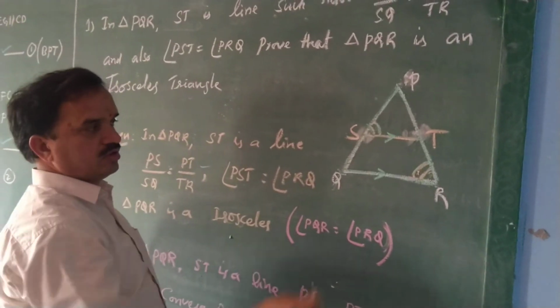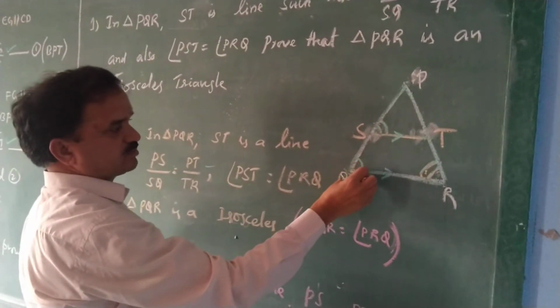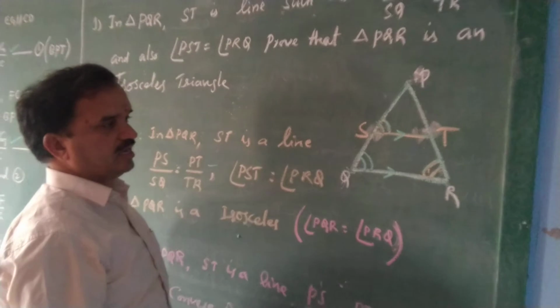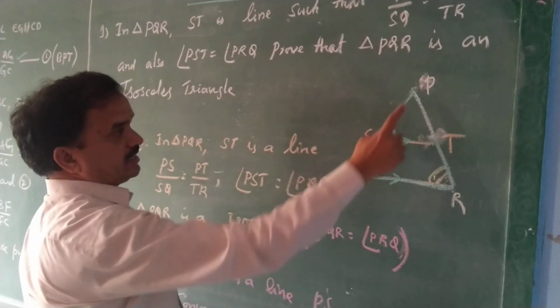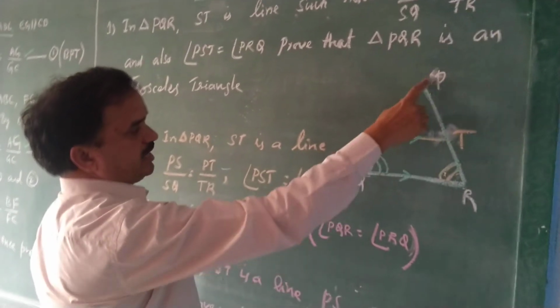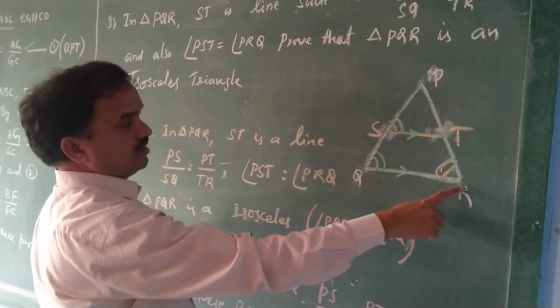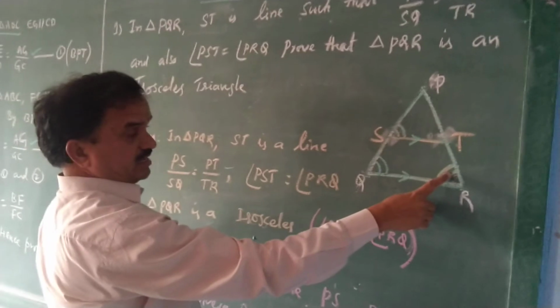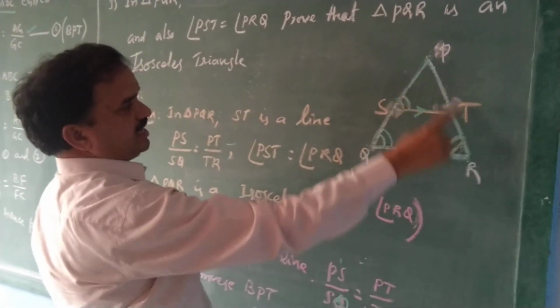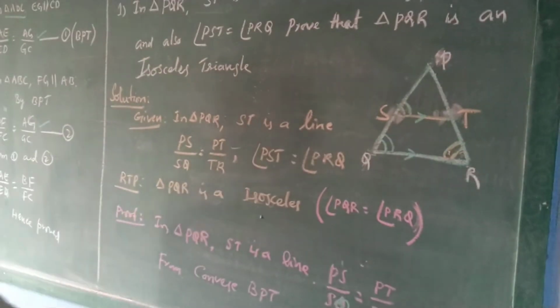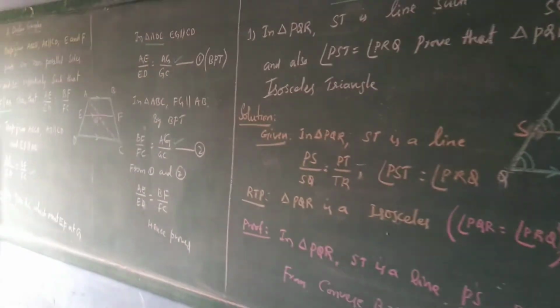These two are a pair of corresponding angles, and corresponding angles are equal. Angle PST is equal to angle PQR. Already angle PST equals angle PRQ, so these two angles are equal, which means this triangle is isosceles. That is the proof. I will explain once again.